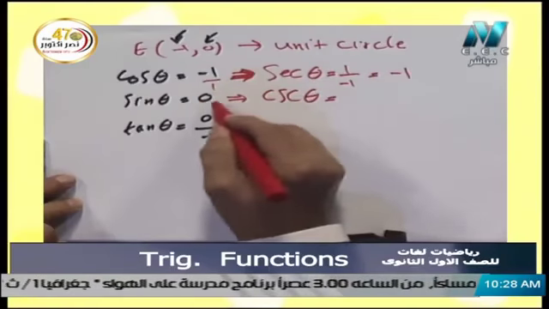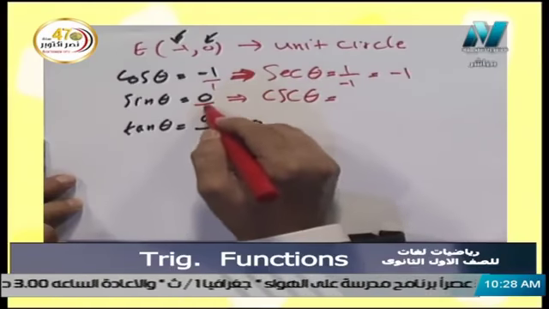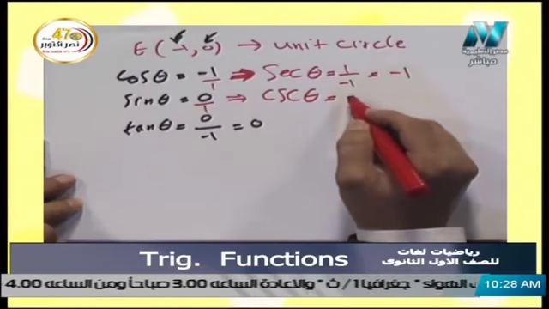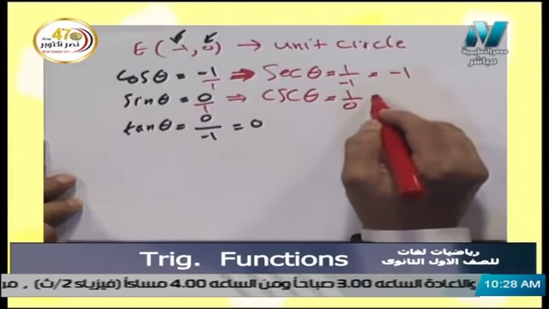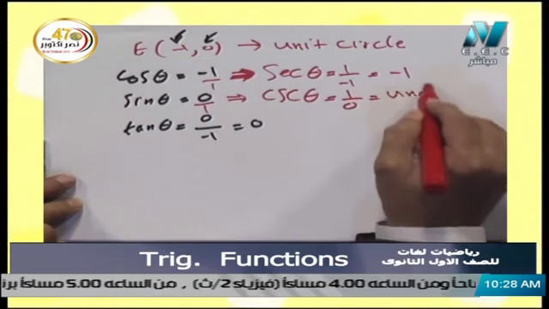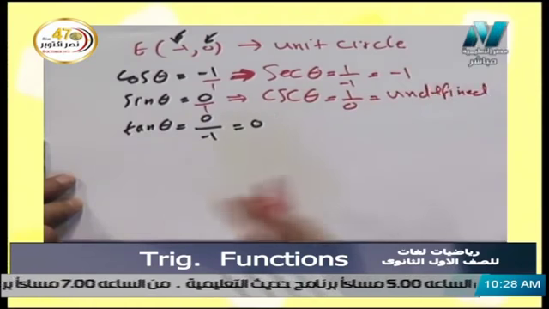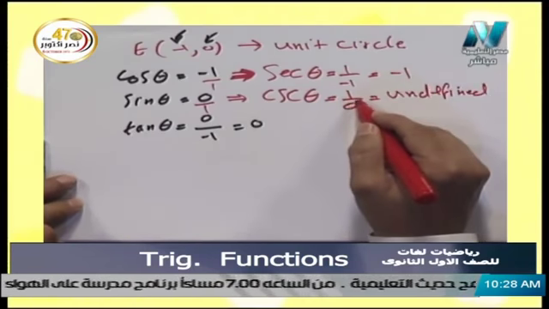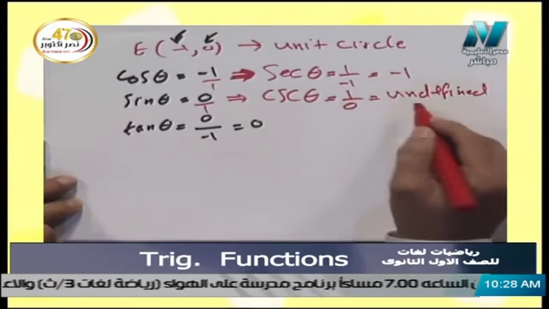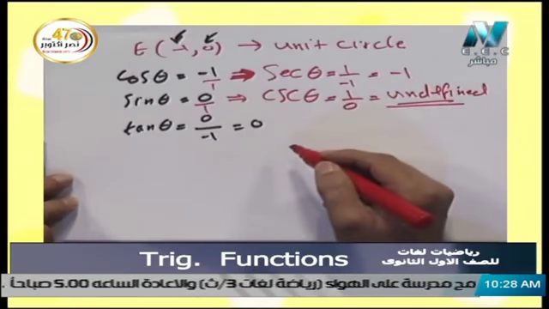Sine is 0 over 1, so cosec theta equals 1 over 0, which is undefined. If we have a number over 0, my dear students, we call it an undefined number. So here it is undefined.